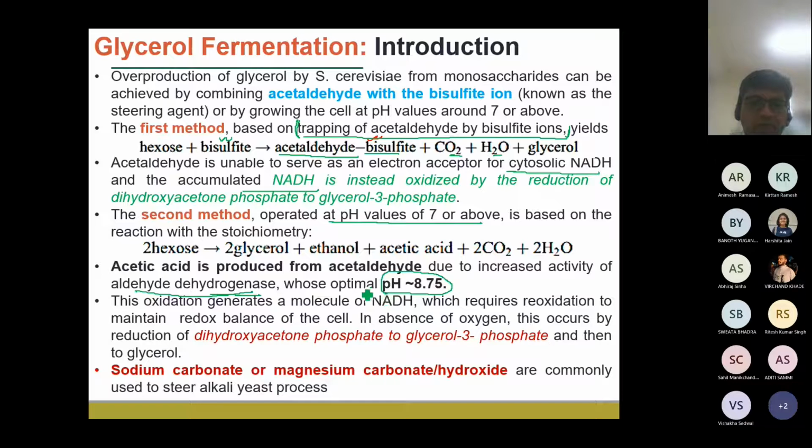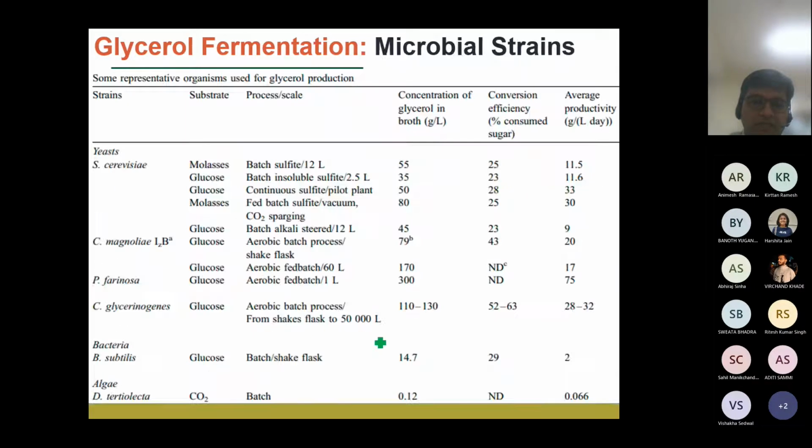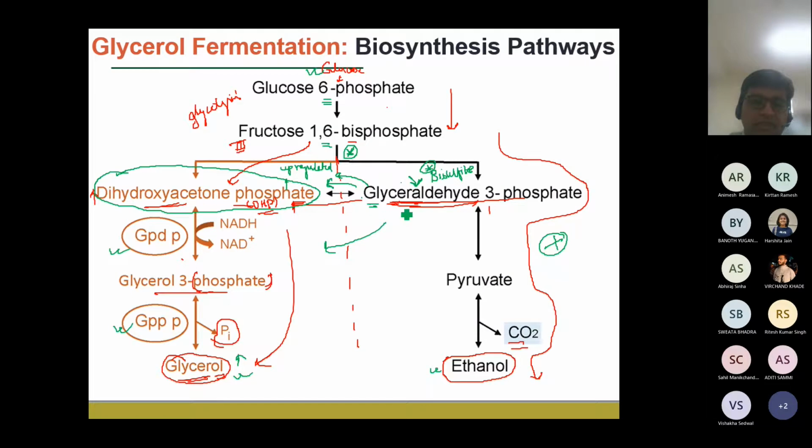Because of this pH condition, it generates an oxidation environment, and it generates a molecule of NADH, which is required for the oxidation of this DHP, that is, of the glycerol 3 phosphate.